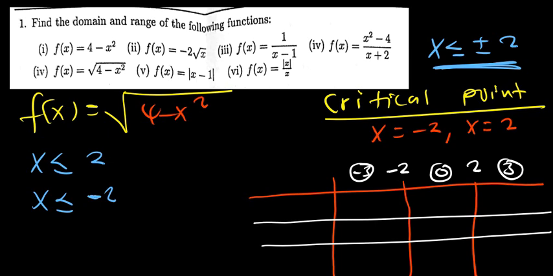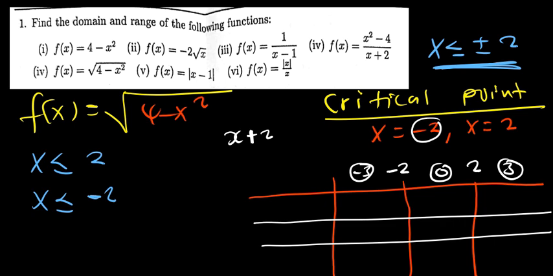Now, what is happening here, guys, is I'm going to shift this negative 2 to the other side so that it should be x plus 2.